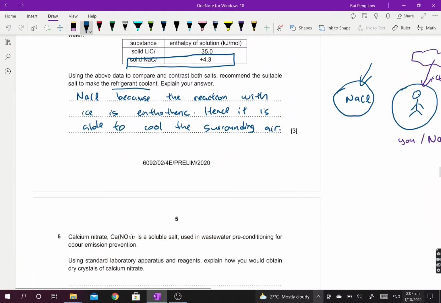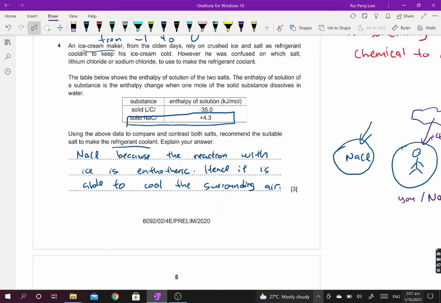Okay. So endothermic. Okay, not good enough. Hold on. Let me erase this. Endothermic as the enthalpy change is positive.